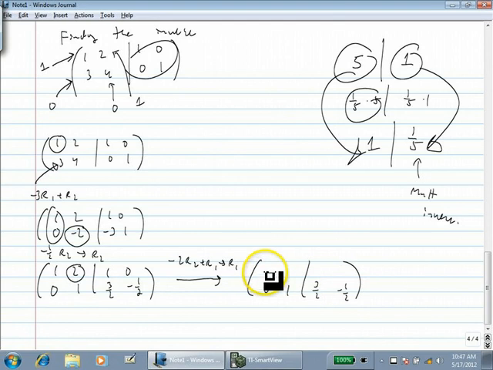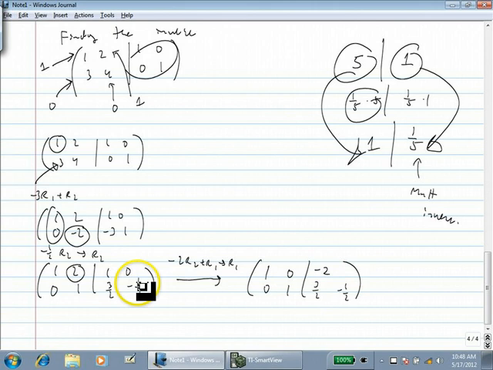Put row 1, 0 times minus 2 plus 1 is still 1. 0 times 1 is minus 2 plus 2 is 0, like I expected. Minus 2 times 3/2 is minus 3 plus 1 is negative 2.